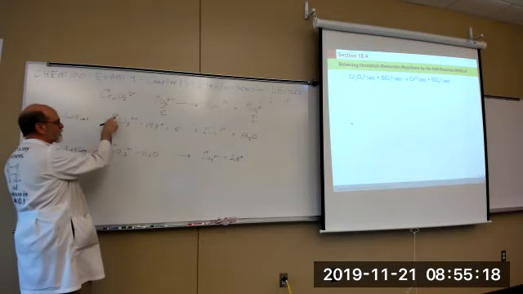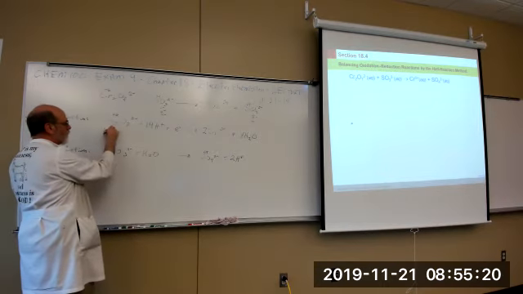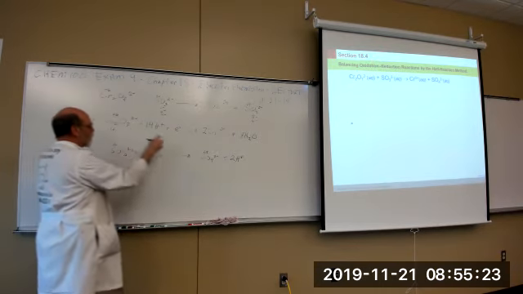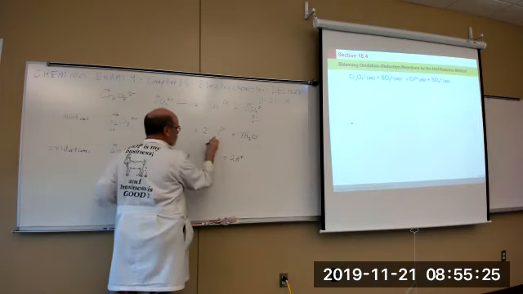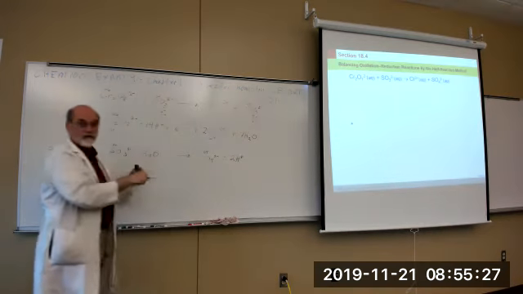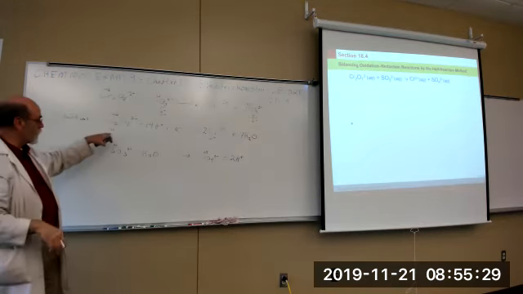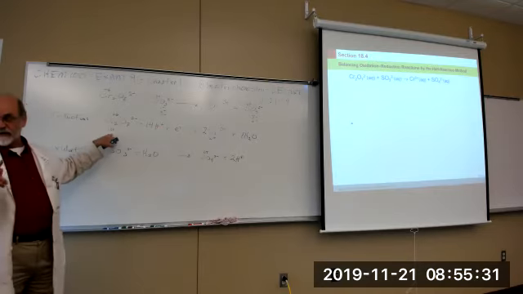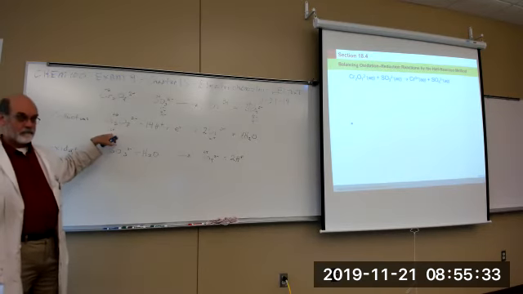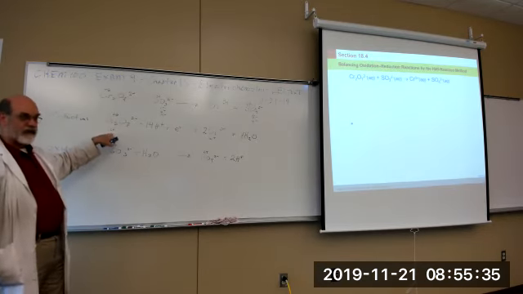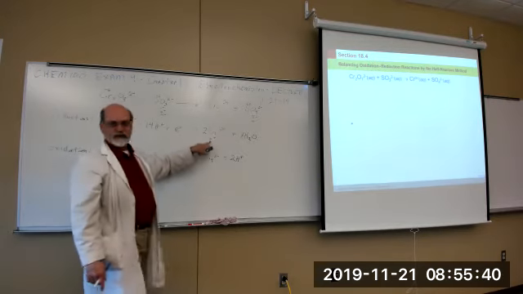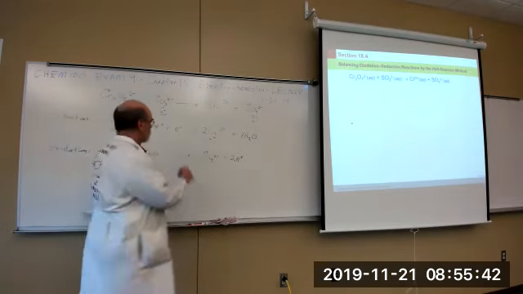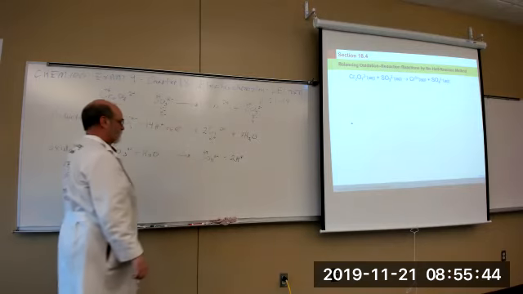If this is 6 plus, we have 12 plus here, and we're going to 6 pluses over here, 2 times 3 plus. So we actually transferred 6 electrons. 6 negatives will neutralize 6 of those positives and leave us with 6 positives over here. So we need 6 electrons there.